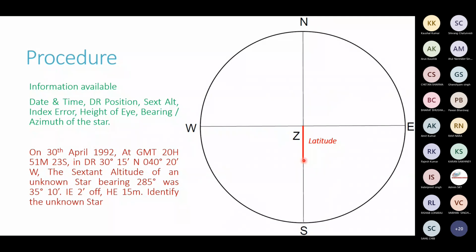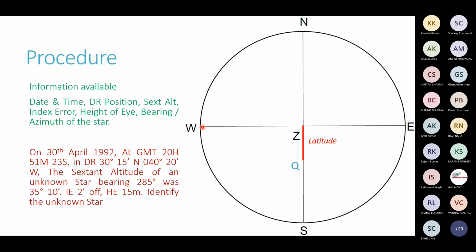Now this point where the latitude takes us, the other end of the red line, is the Q point. This Q point represents the equinoctial, and we are aware that the equinoctial will pass from this Q point, and the equinoctial always passes from the east and west points in this diagram.